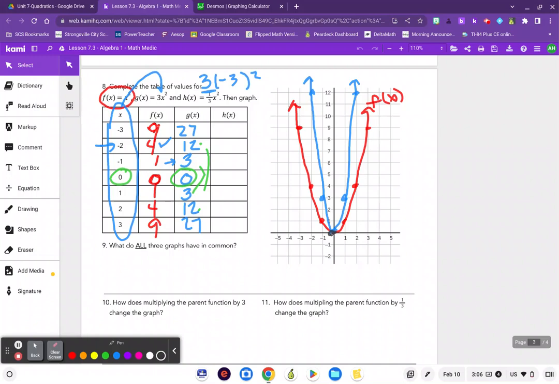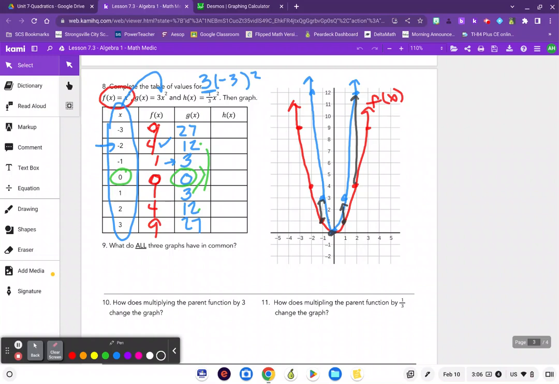It kind of looks to me like this y value of 1 got stretched up to a y value of 3, and this y value of 1 got stretched up to a y value of 3. This y value of 4 got stretched up to a y value of 12.